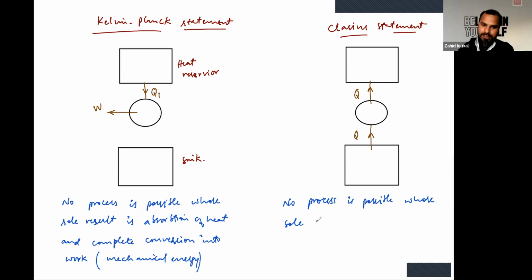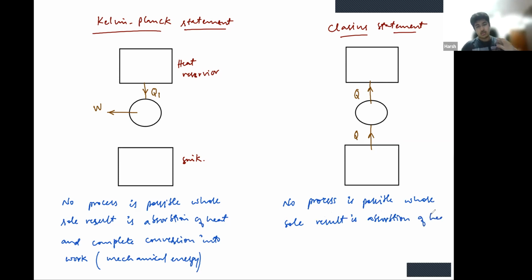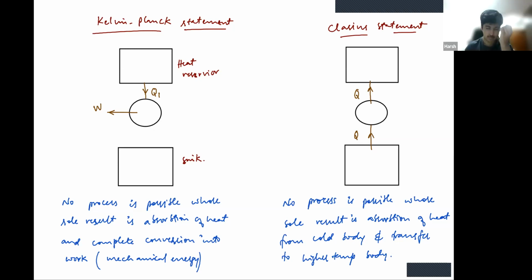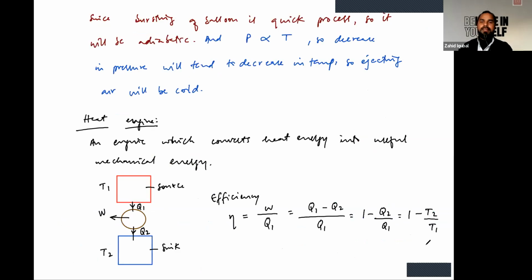Good, whose sole result is absorption of heat from a cold body to a hotter body and transfer it to a higher temperature body. So this will also not be possible. Is it clear? Yes, sir. So first you may write this part and then that part.